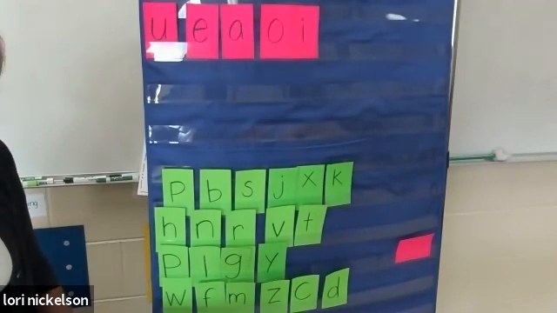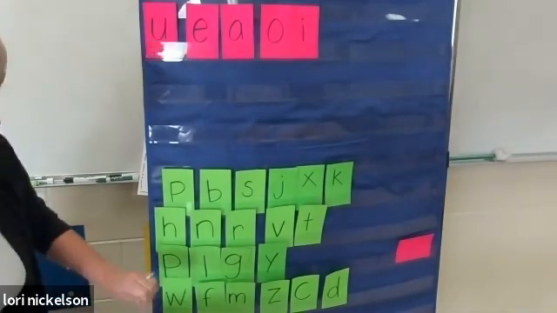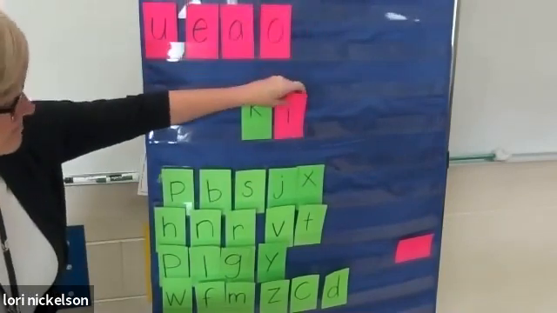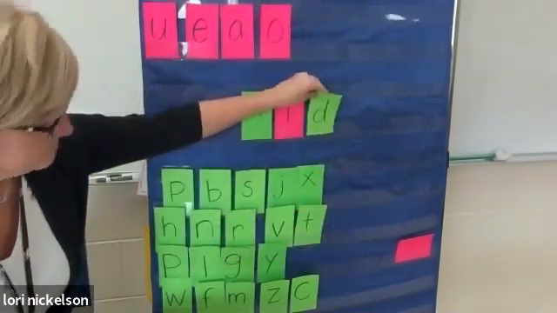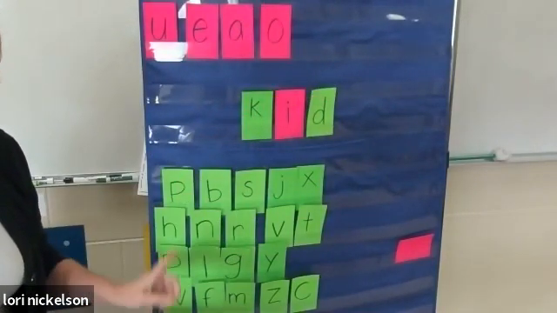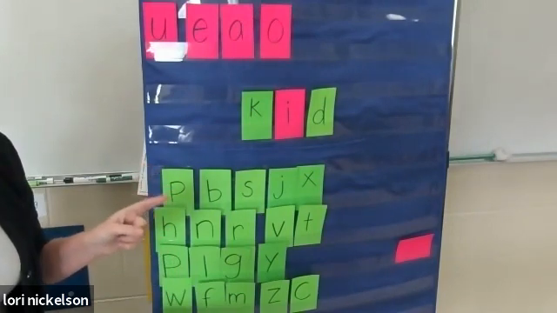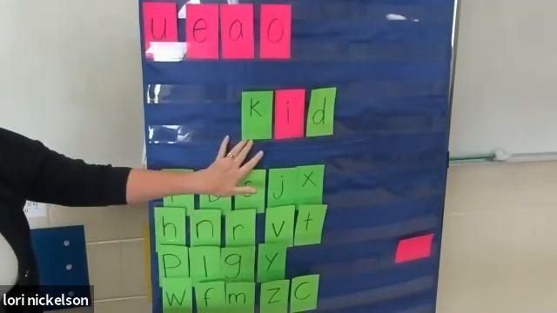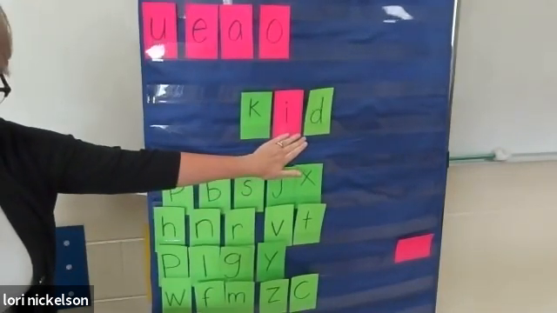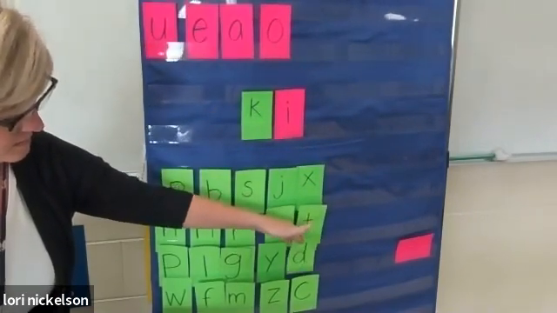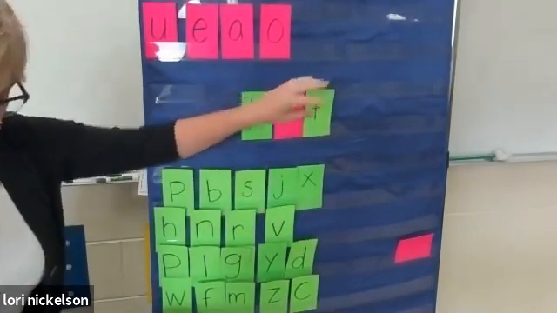I am going to combine some spellings to make a word and see if we can figure this out. All right. So if I move that K and the I and the D to the center of the pocket chart, I spelled kid. So say that with me, kid. All right. What if I remove the D and add a T now?